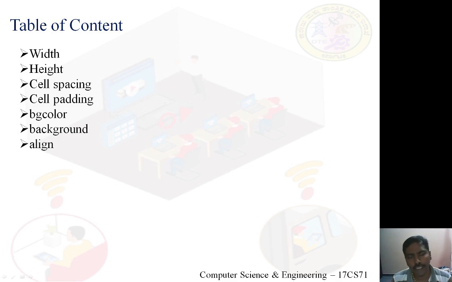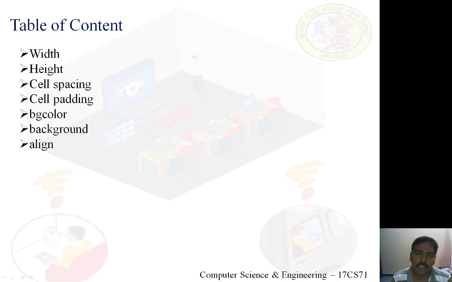Next we'll discuss something known as cell spacing. In an HTML table, cell spacing, implicitly we can call it spacing. So next we'll have a discussion about cell padding. We'll see what padding actually means.